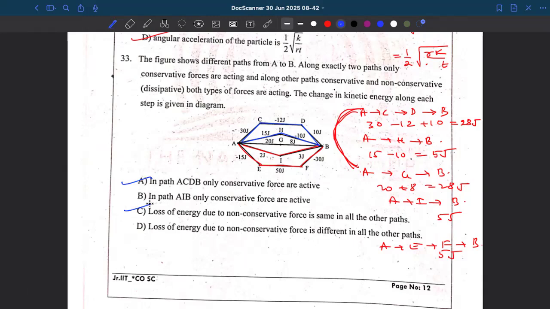Somehow, my doubt: do you remember I have done some questions where the paths are two different paths, the work is the same, but not necessarily they are conservative. Actually, that is one particular thing. Along a closed path, if the work done is 0, that's fine. Now, if I go with A to C, C to D, D to B, along the path only conservative forces are active.